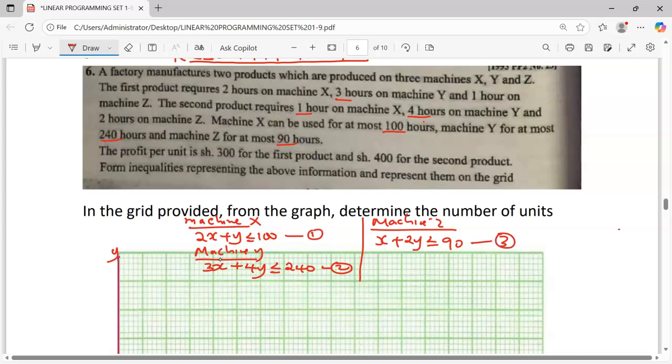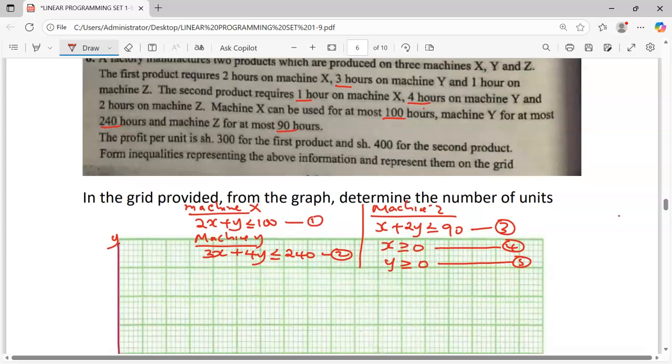We are also going to have non-negative inequalities, where x is greater or equal to 0 as the fourth inequality, and y is greater or equal to 0 as the fifth inequality. By so doing, we have formed the 5 inequalities representing the above situation.